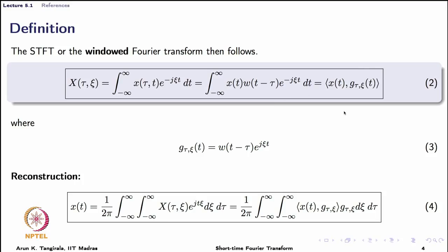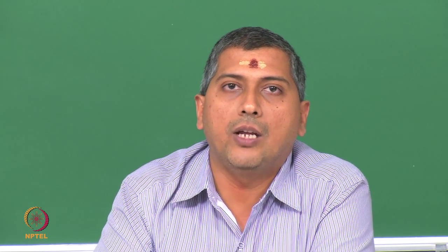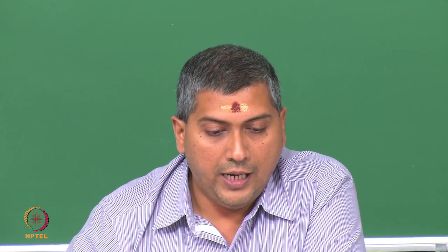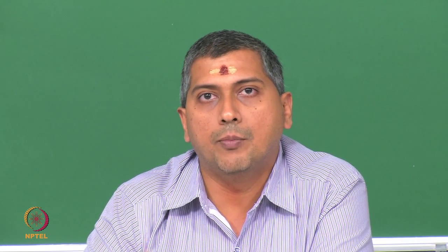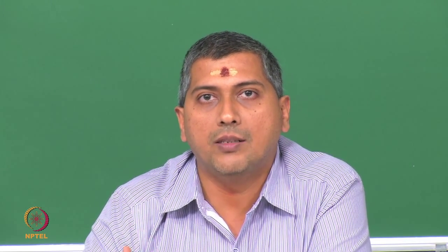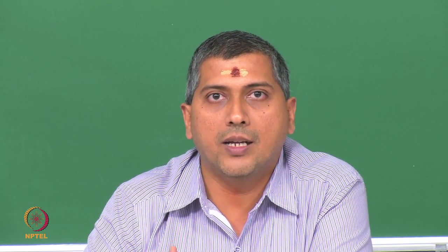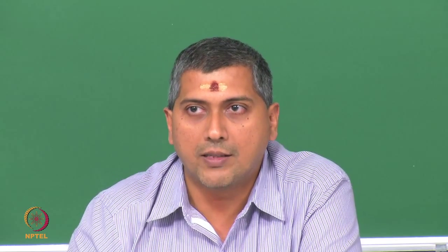So, this g now is what is known as the short time Fourier transform atom or the time frequency atom, and the entire short time Fourier transform is now based on a decomposition on these time frequency atoms. In the Fourier transform, the premise is that I can decompose my signal on sinusoid atoms, that is complex sine wave atoms.